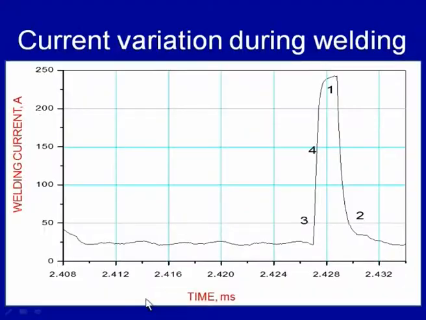If we see the typical current variation during the metal inert gas welding process, the variation in welding current as a function of time is shown here. These are the kind of transient conditions experienced during welding: there is a sharp change in the welding current over a very short period of time, it increases suddenly, then it comes down, passing through different stages due to the fluctuation in arc length and the changing welding conditions.